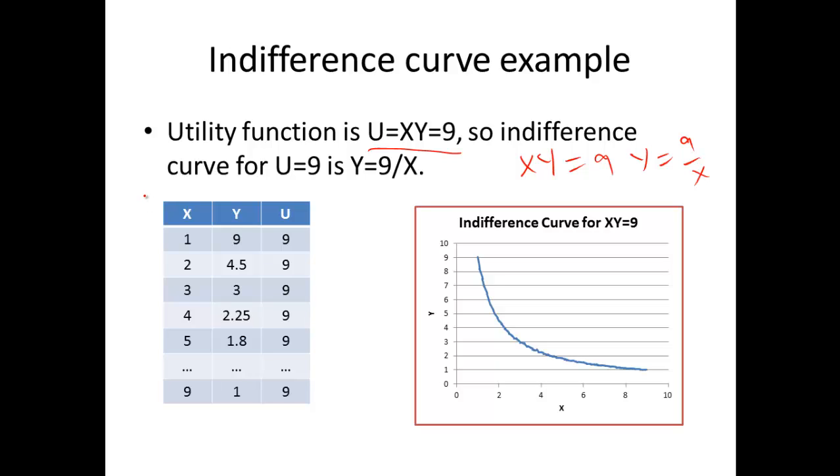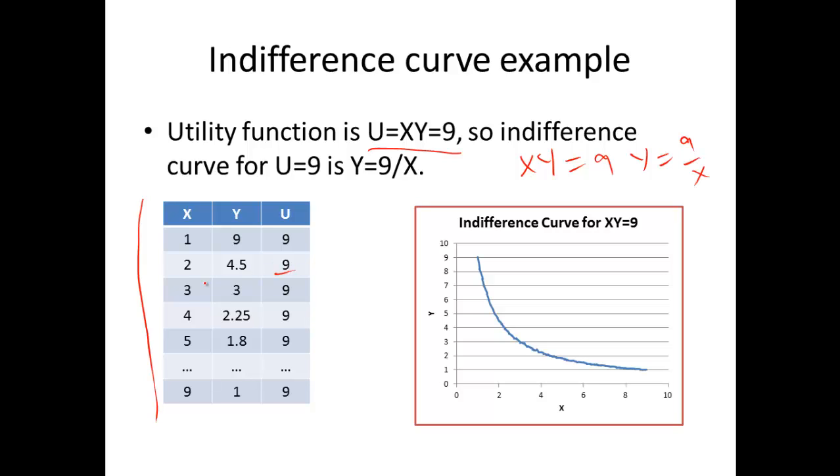And so over in this table, we've picked a bunch of points along this indifference curve where the product of y and x is 9. For example, that's true when x is 1 and y is 9, because 1 times 9 is 9. If x is 2, then having a y of 4.5 results in 2 times 4.5, or 9.